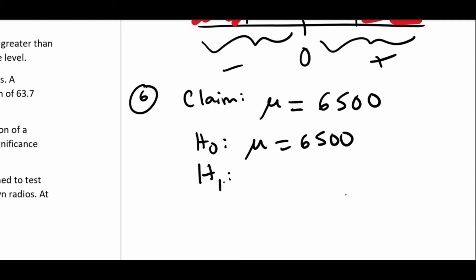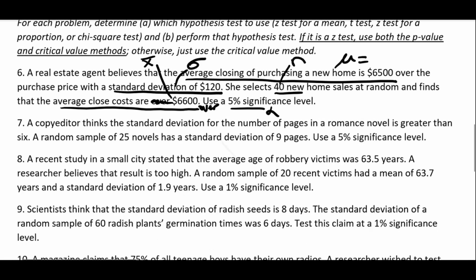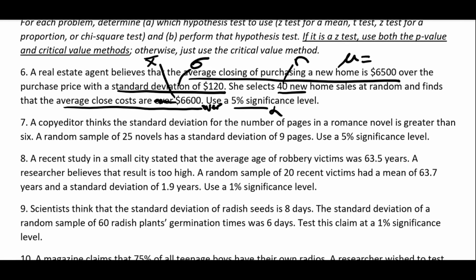And our HA or H1 is going to be not equal to. The reason it's not equal to is because the problem does not tell us whether the researcher thinks it's greater than or less than. It's only saying what the claim is, right? So therefore we use not equal to if it doesn't tell us.